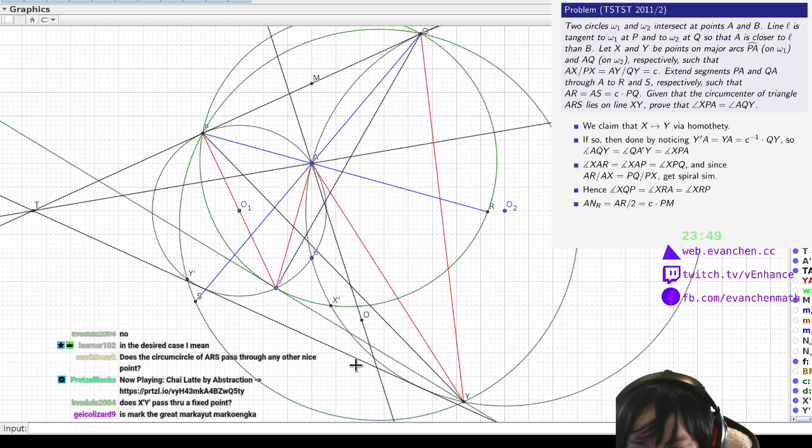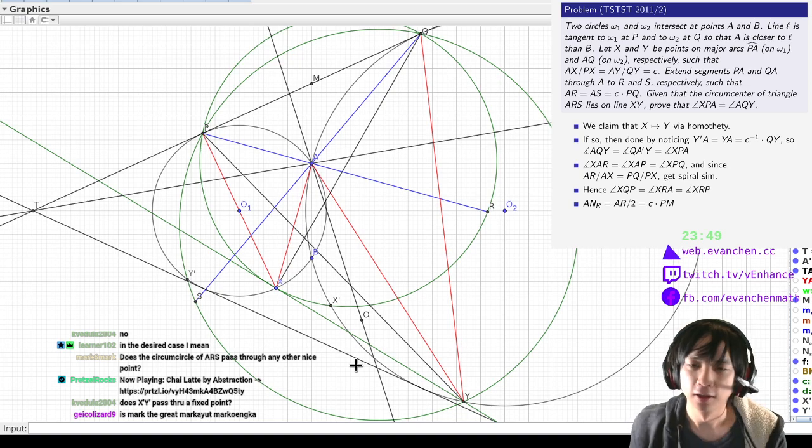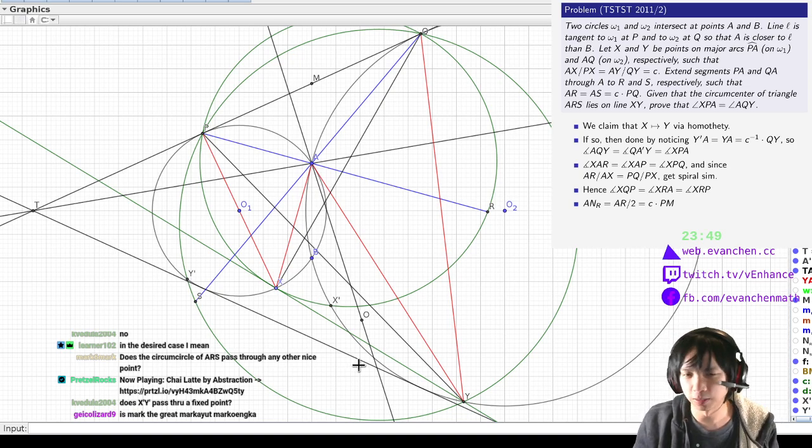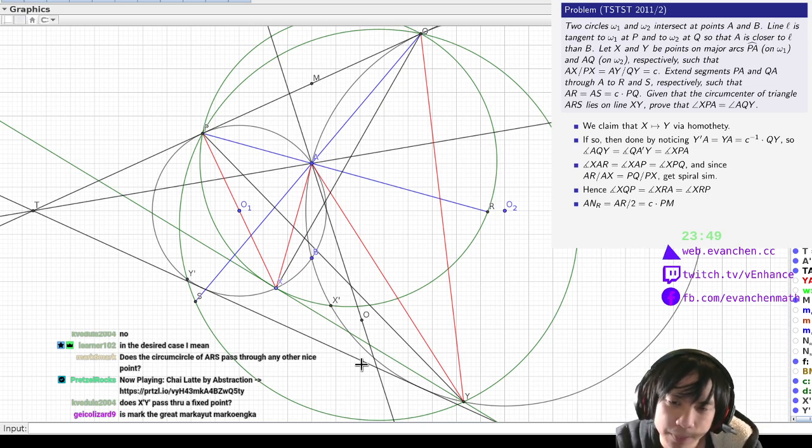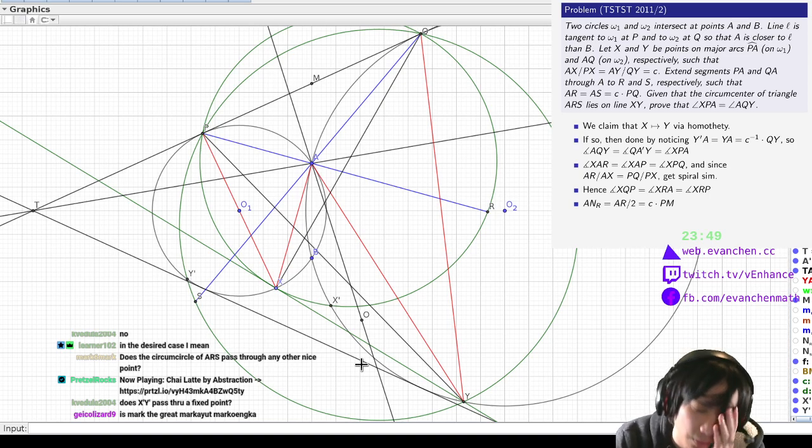Should I just invert from T or something? That doesn't do anything good with O though. The whole problem is I don't know how I'm supposed to handle the circumcenter. I can kind of have a sense that the fact it's the angle bisector of RAS matters, but I don't really understand the circumcenter part at all.